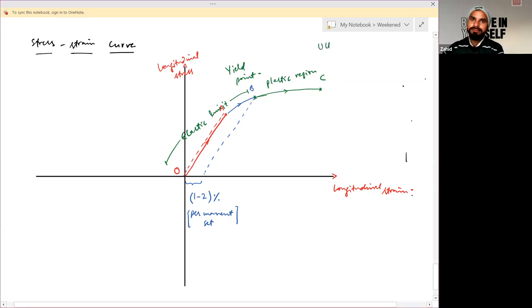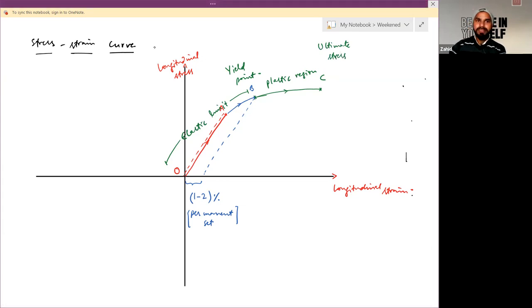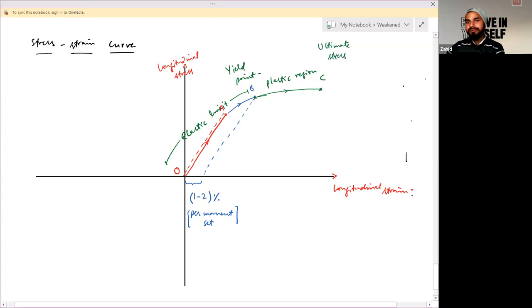That will be termed as ultimate stress. Now, if you further extend it from this C point, it will start flowing without any application of stress. And at this point D, it will get broken. So from this C point to D point, it is defined as having a tendency of flow or fluidity, and this D point is termed as the breaking point.